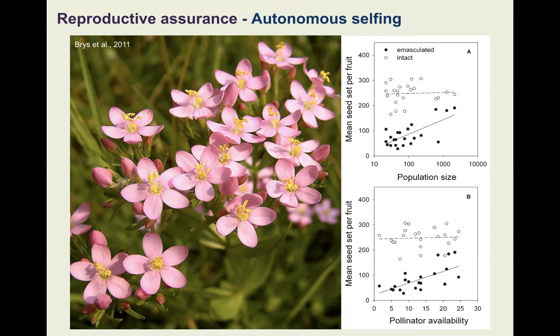So in those cases, those plants are what we call pollen limited. They're not able to get enough pollen to fertilize all of their ovules, and the seed set suffers as a result.